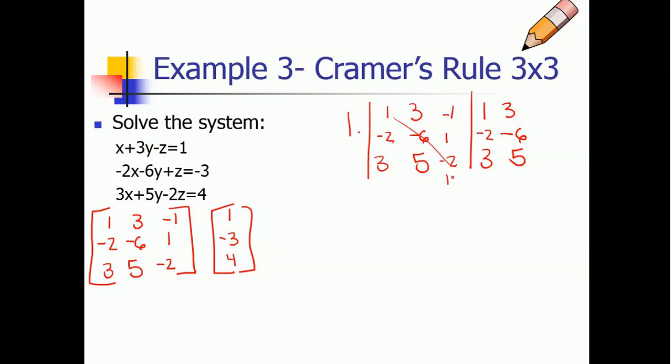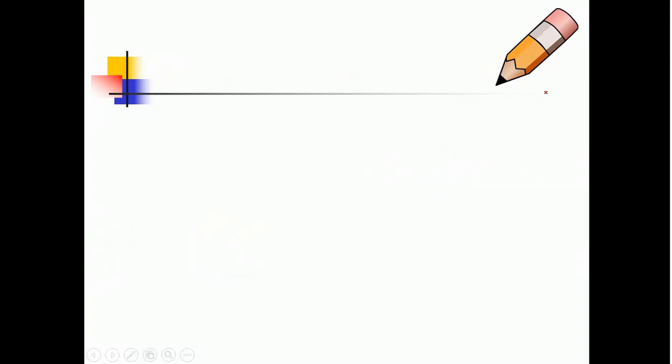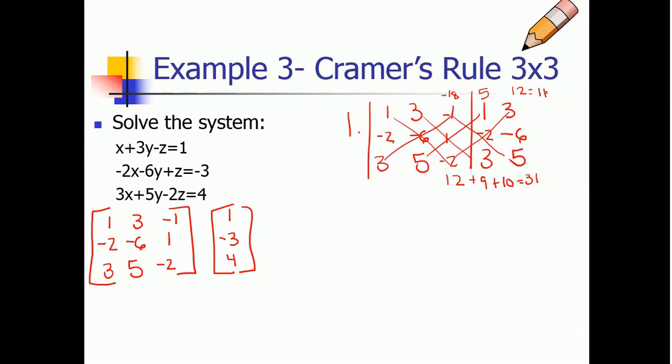Multiply across, I'll get 12. Multiply across, I'll get 9. Multiply across, I will get 10. So this is 31. Multiply across, negative 18, multiply 5, multiply 12. Whoops.